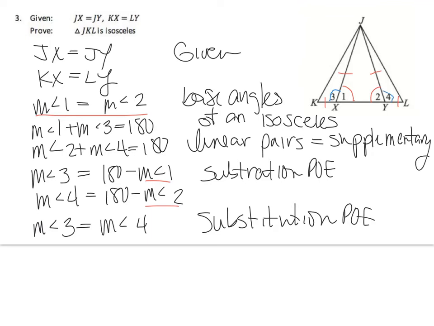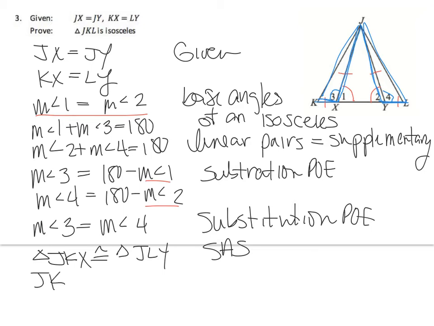Now it looks like I have side, angle, side. We'll keep it in blue. So I have side, angle, side for that little triangle, and side, angle, side for that little triangle. Triangle JKX is congruent to triangle JLY because of side angle side.